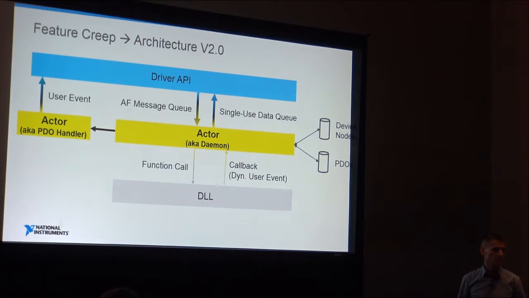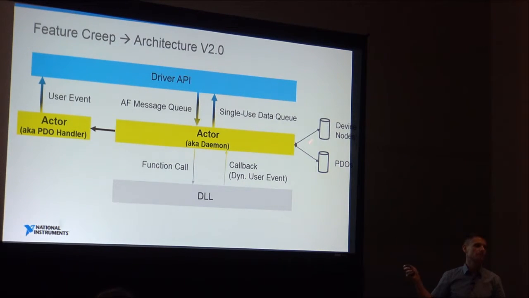Did you run into some issues where you have an obsolete PDO? How do you know it's the latest information? So the question is, how about obsolete PDOs when having removed the device? What happens is that if you poll the PDO value with that communication channel, the daemon checks if the node is still available.